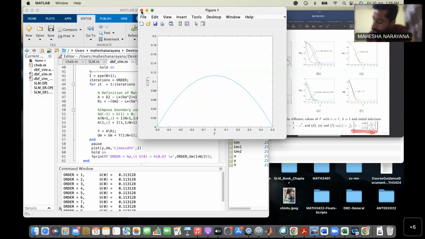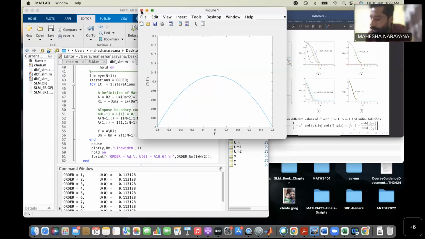And you see that in any case, after 5 iterations, the error is almost 0, something like 10 to the power minus 50. This is observed for all different choices of parameter values.